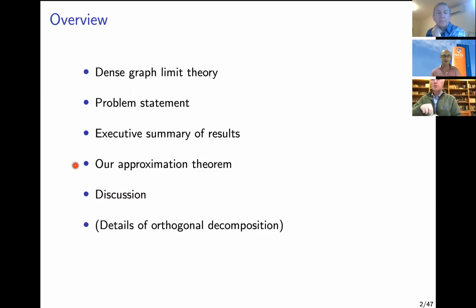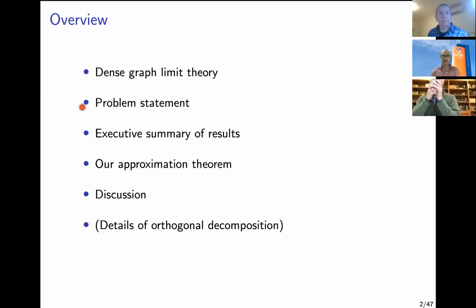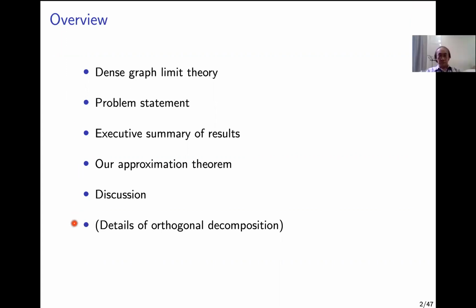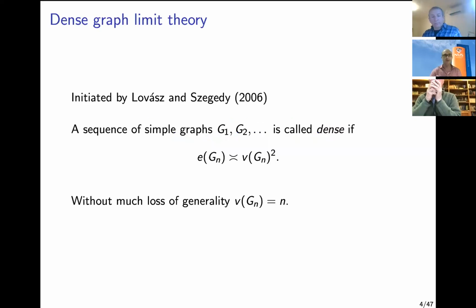Then I'll go into a little more detail and talk about the specific approximation theorem that we're using, followed by some discussion about the statistical applications of the results. And if I have time, I will go into more details of the orthogonal decomposition that is underlying this approximation result, although I doubt I will have time, but let's see how it goes.